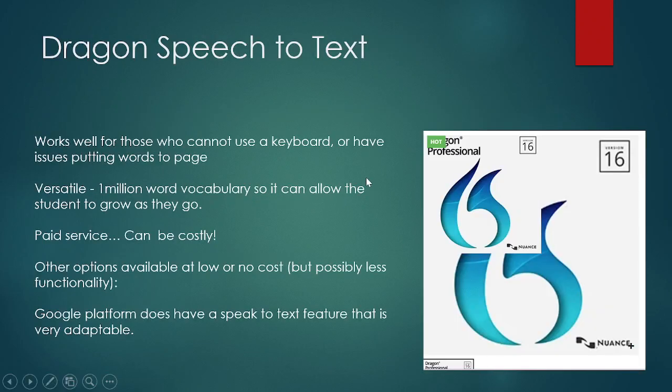So one of the best programs with speech to text is Dragon. It's probably the one that's the most AI enhanced that I've seen. So again, it works well for those who can't use a keyboard, have other types of disabilities, or have bad penmanship. So it's versatile.